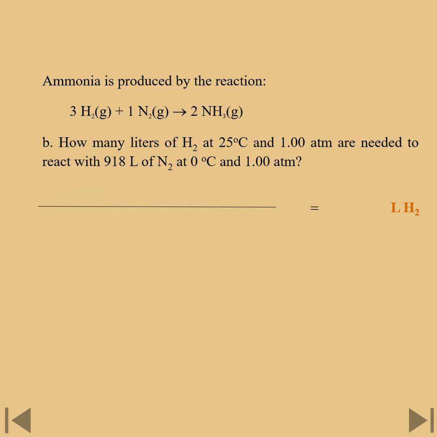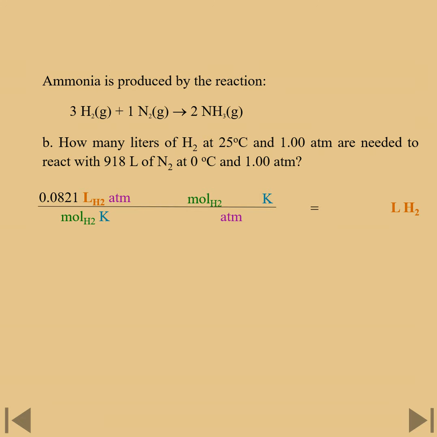So there's my big denominator line. And I'm going to get liters from the universal gas constant used straight up. And that tells me where my pressure in atmospheres, my number of moles, and my temperature in Kelvin need to go.